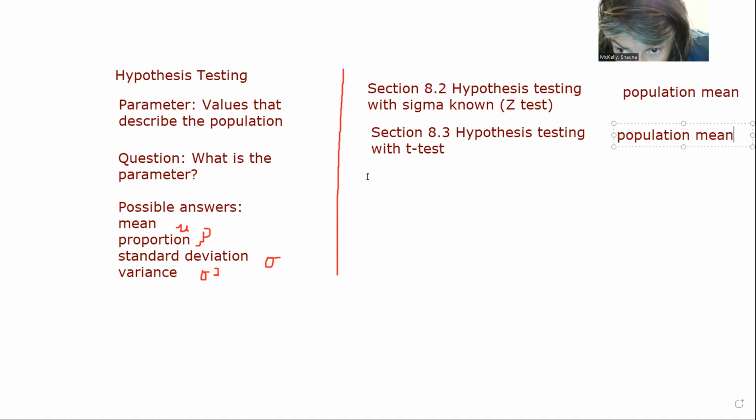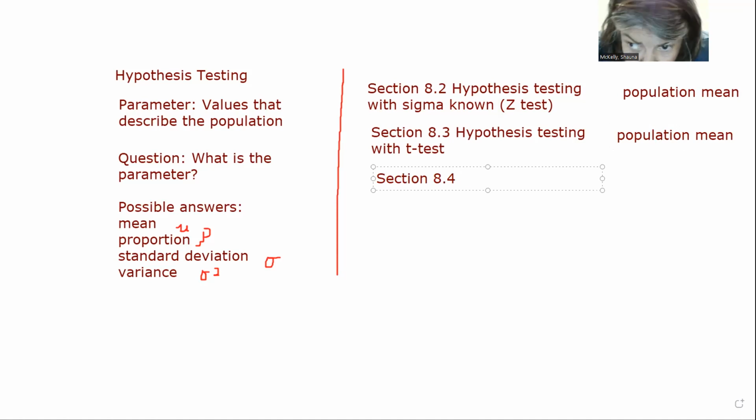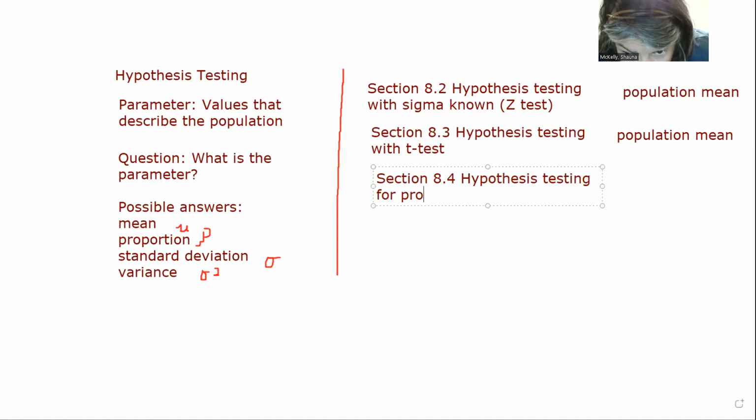Now, in the section where we are right now, section 8.4, this is hypothesis testing for proportions, and a population proportion is our parameter.